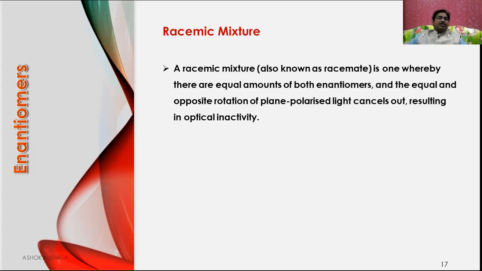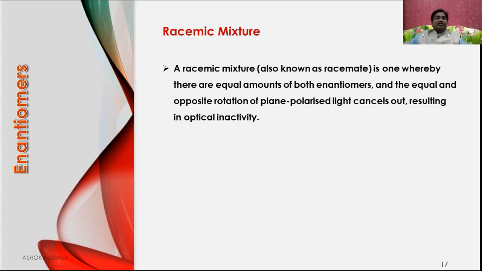Such a mixture is optically inactive, even though the molecules are chiral and have chiral centers. The mixing of two enantiomers in equal quantity or equal percentage makes that mixture optically inactive.